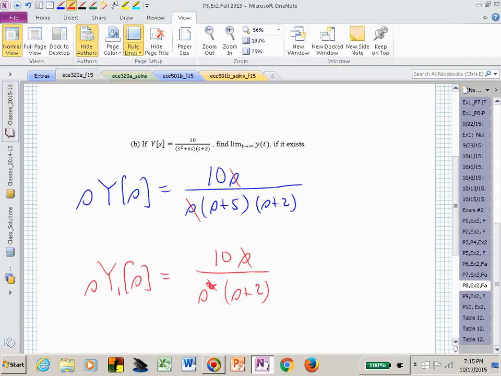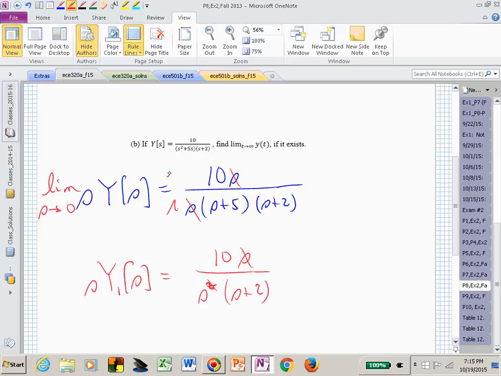This y of s is okay. It has one pole right at the origin, but that's okay because it's getting canceled by that s. Here we are taking the limit as s goes to, this is the final value theorem, what are we letting s go to? 0.